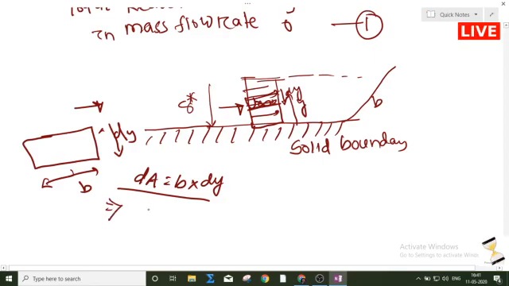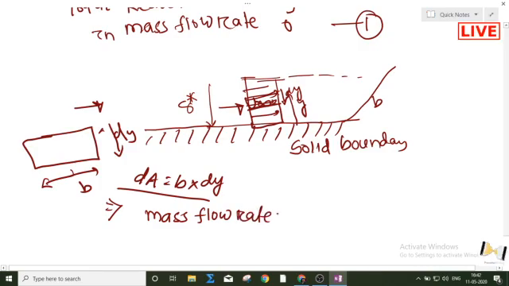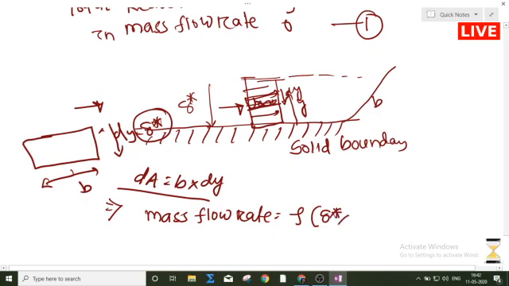Now what is the mass flow rate here? It is rho into area. This dy is now delta star, called the delta star thickness. So I can write it as rho into delta star into b into u infinity.